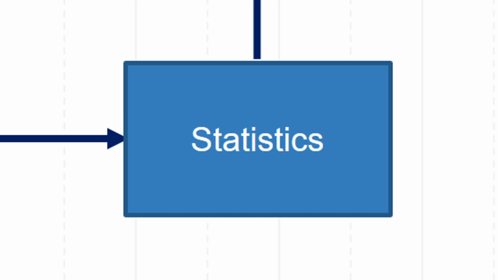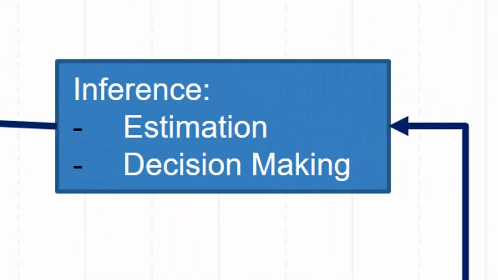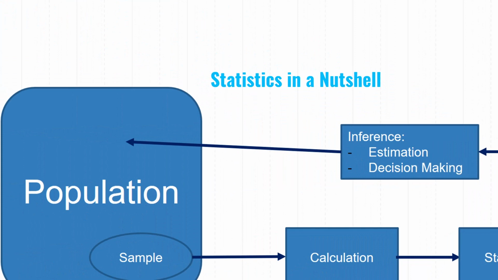Then the main things that we do with statistics would be estimation and decision making. This is called inference, where we're trying to make some generalization, infer something about the population from the data, from the sample. So estimation is where there's some parameter or characteristic of the population that we're trying to estimate, and we use our statistics to help us do that.